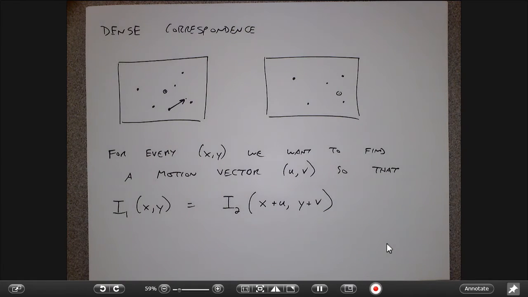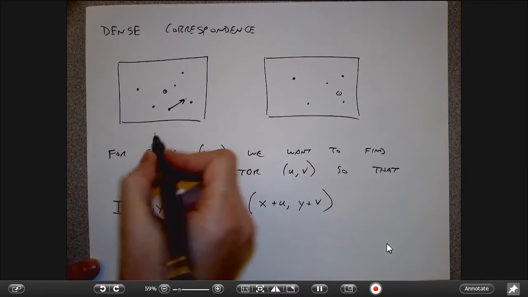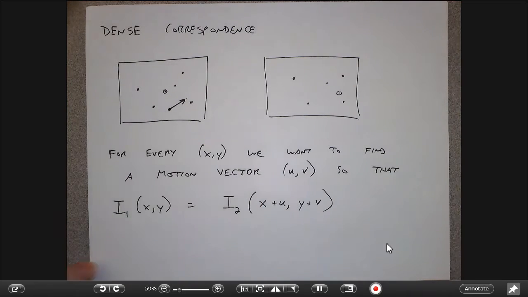A lot of times I call this a motion vector because the interpretation is that because of either the camera moving or objects in the scene moving or both, the 3D point that corresponds to this location has moved in space relative to the camera, and I want to know what is the vector that captures that motion represented in the 2D image plane, okay?